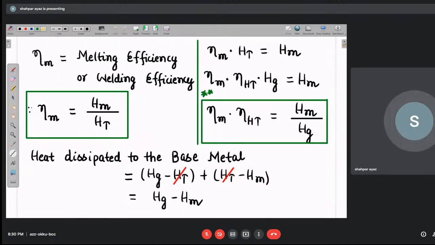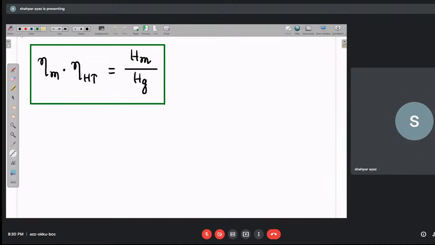Now, some special cases which I want to highlight. Sometimes what happens is that heat transfer efficiency is one, or 100%.